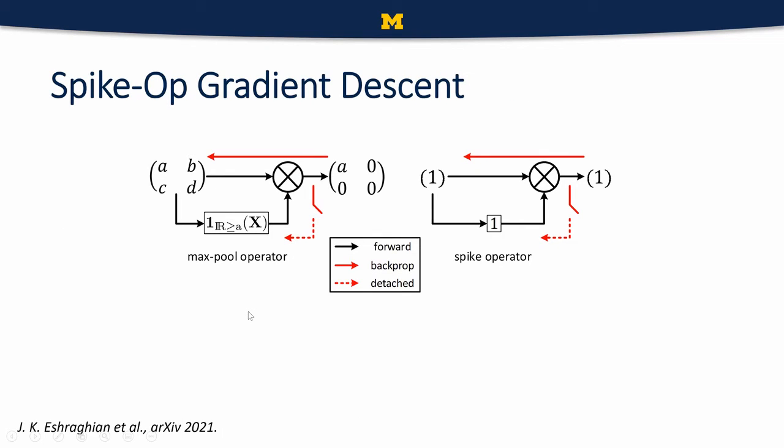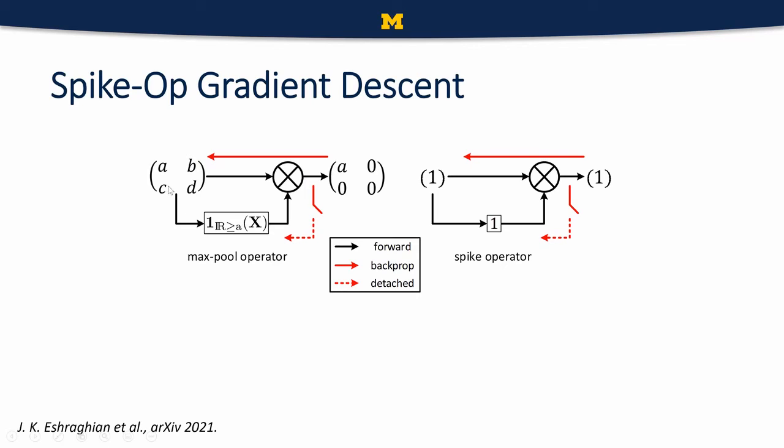So to illustrate, let's consider the max pooling operator, where if we have an input, let's say A, B, C, D, perhaps these are pixel values, and we want to condense our representation of that input, we pass it through a max pooling operator to remove the noise. So we pluck out the largest element of this matrix.